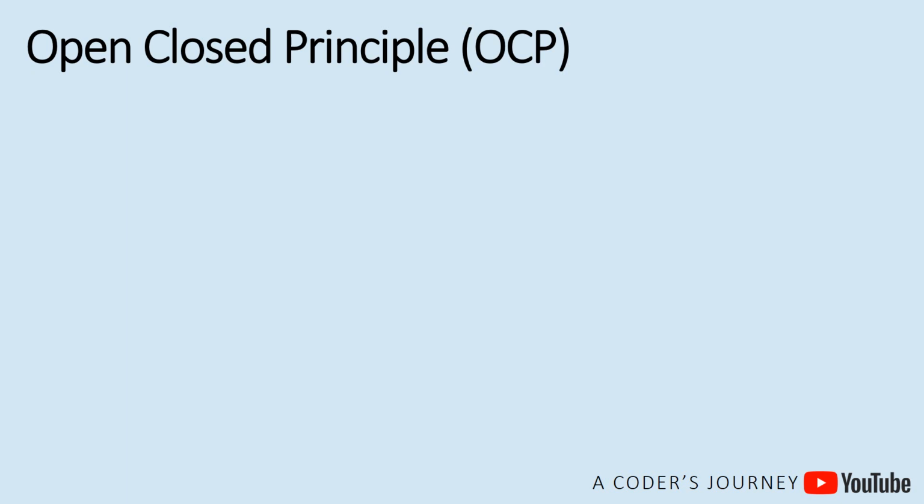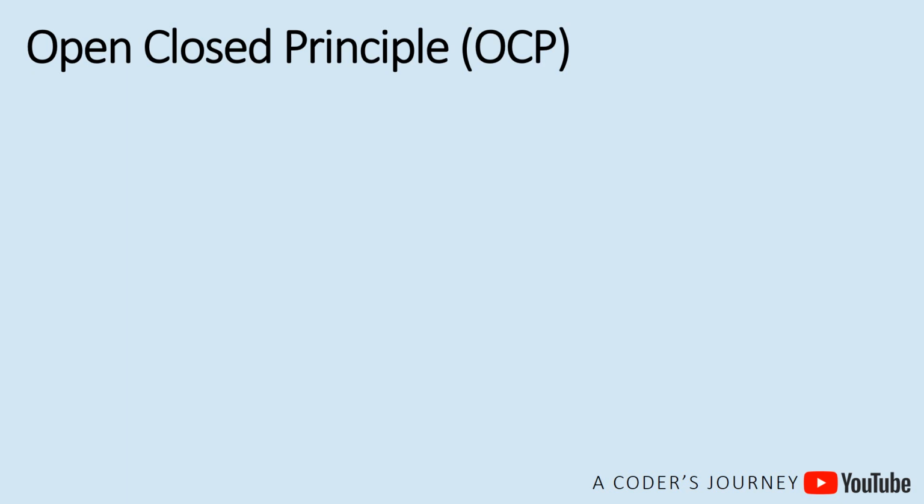Up to now, we have covered the first one, SRP, the first S in the word SOLID. Now, this video is about the next principle in the SOLID principles, which starts with the letter O, the open closed principle, hence the first two letters, SO. So in this video, we're going to talk about the open close principle.